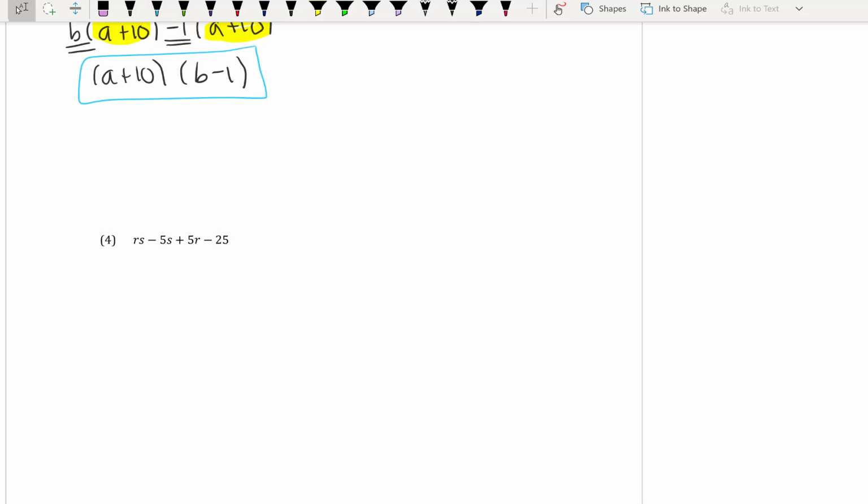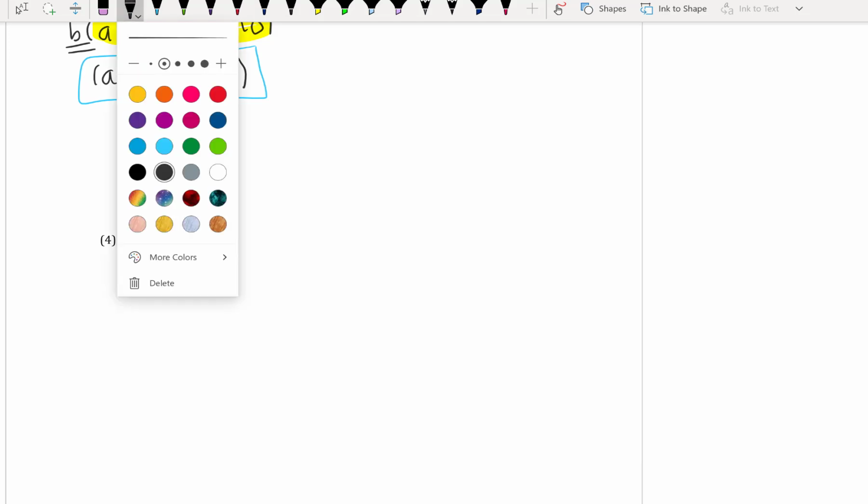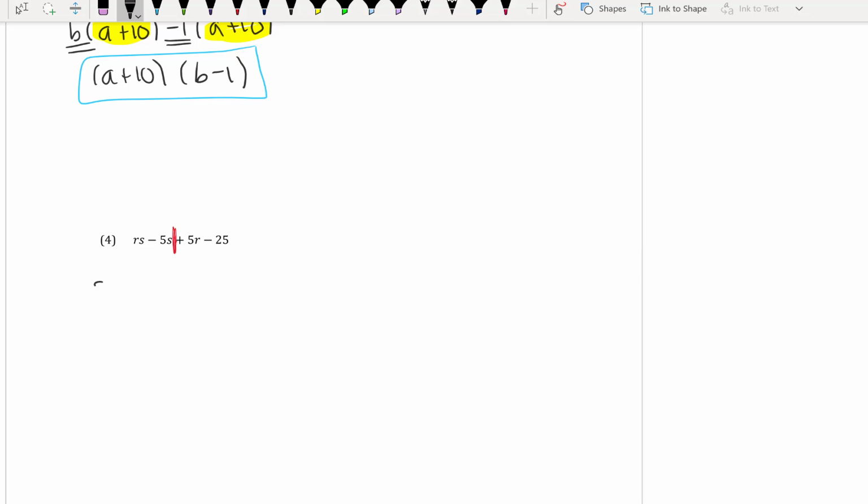For number 4, same process. I'm going to split it. The first two have an s in common, so I'm left with an r minus 5. The second half gives me a 5 in common, so I'm left with an r minus 5. The parentheses they both have in common is r minus 5.